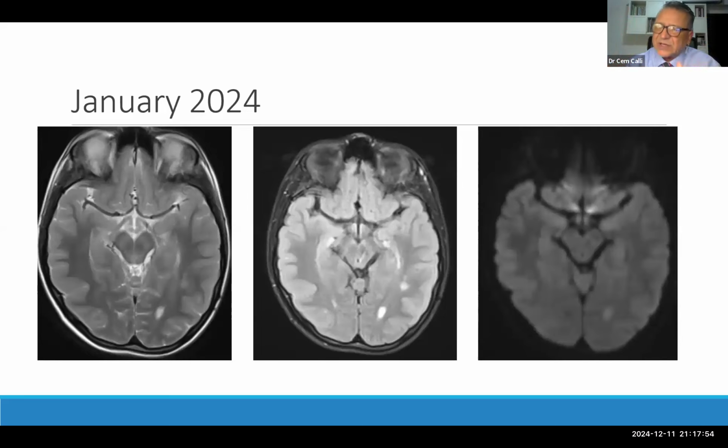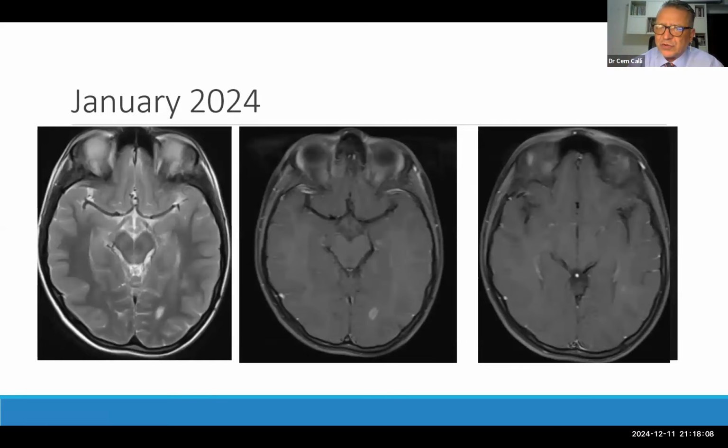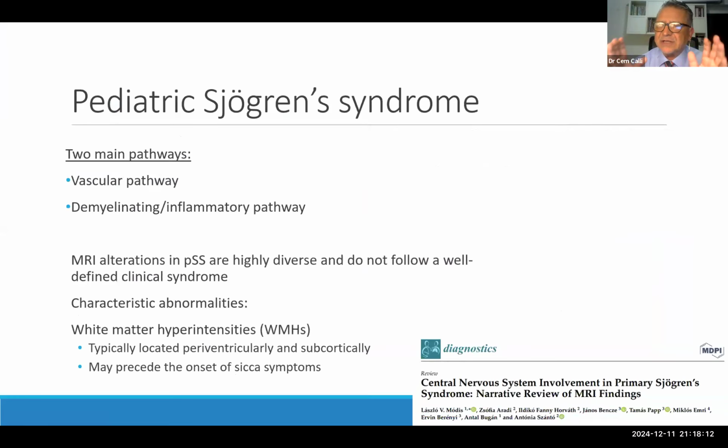So we thought it was MS or a demyelinating disease, but then we searched. Erdem, can you go back to the literature that you showed? Literature at the end. Yes, this one. So we understood that Sjogren's disease may cause brain lesions in both ways. This is a very nice study. Either a vascular pathway, and the patient had old vascular lesions, or a demyelinating pathway. So with our imaging findings, which will be published, this patient is in the demyelinating pathway.